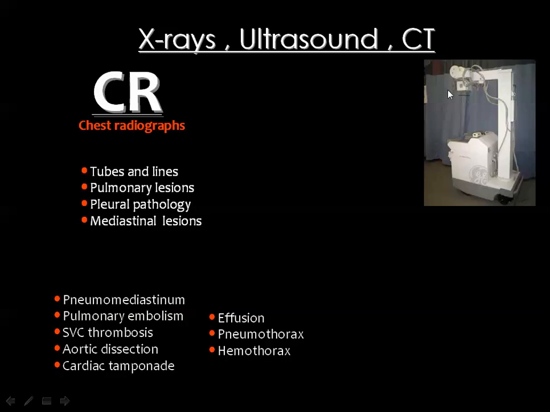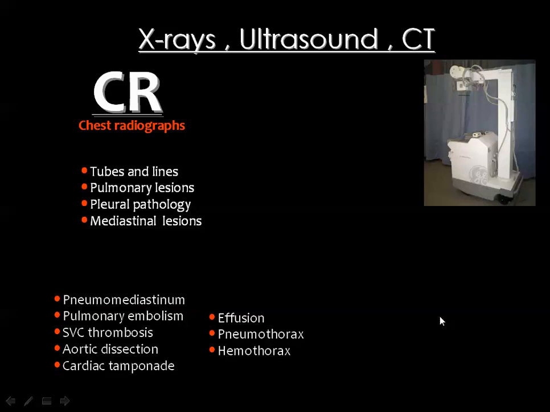While CT is now available in a portable fashion, but usually it needs space in the ICU and certain facilities to do a CT scan. But I will explain the importance of CT in some conditions where you can move the patient to the CT unit, or if the portable CT is available and you can use it.